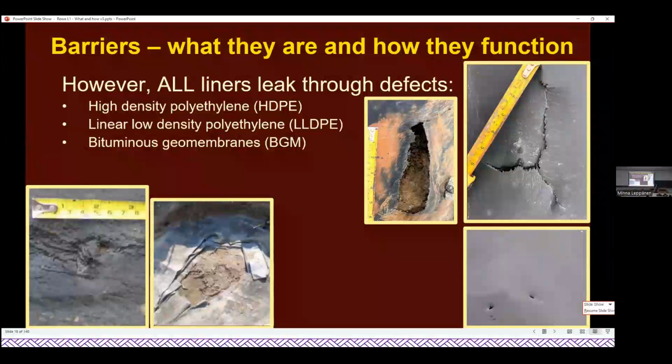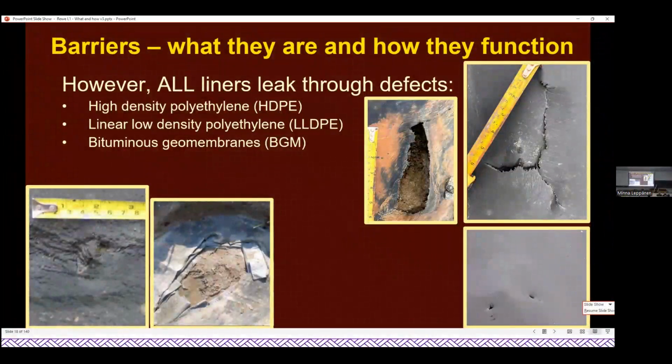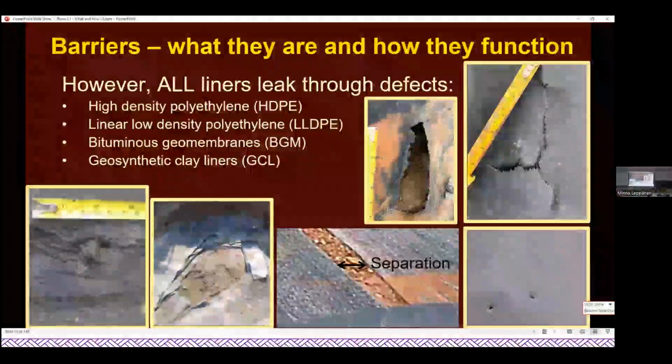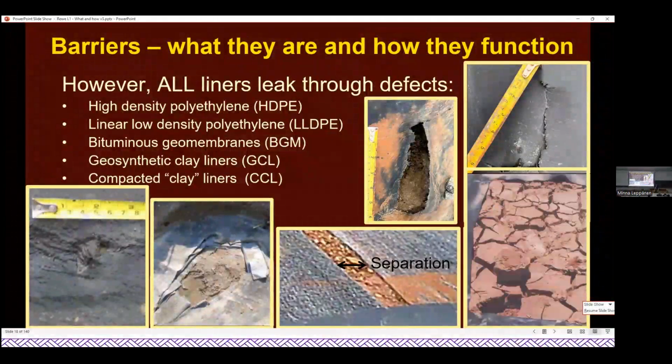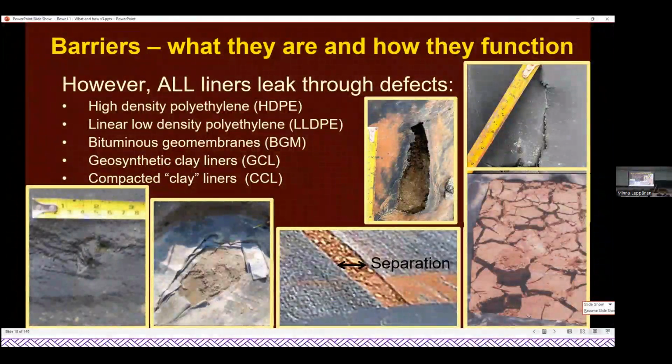No liner is robust enough to survive poor construction. Geosynthetic clay liners, if not properly looked after, can shrink, leaving a gap. Compacted clay desiccates. There is nothing that is perfect. We need to recognize that and design to mitigate against it.